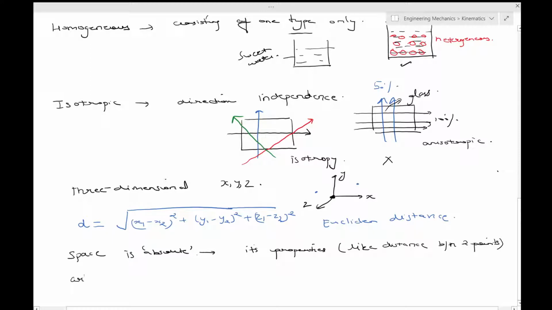are independent of the material bodies occupying its locations or moving through it.